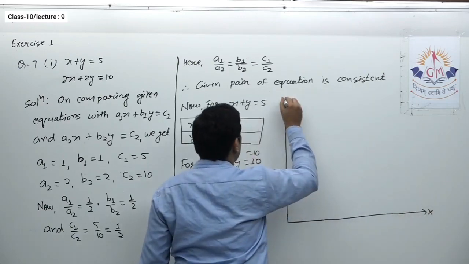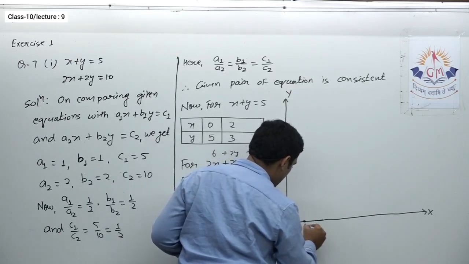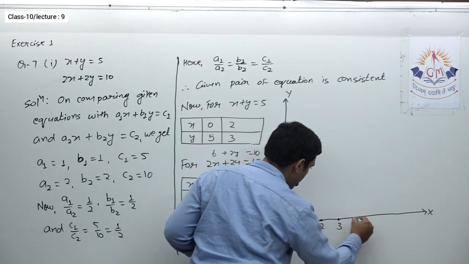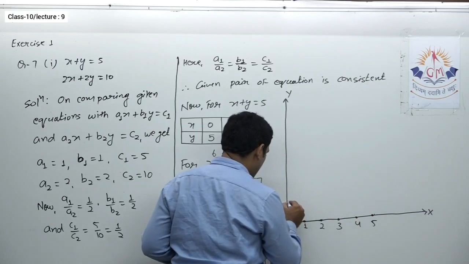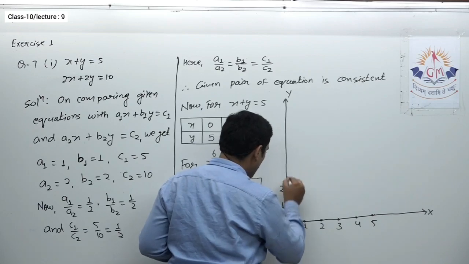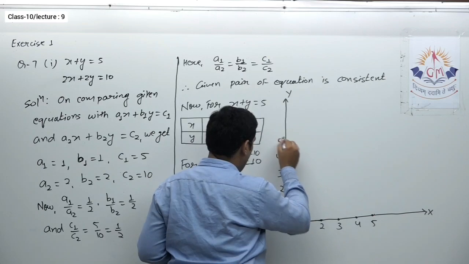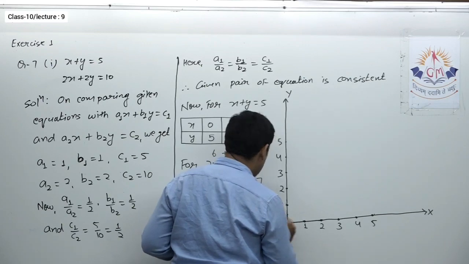This is the x-axis, this is the y-axis, so this is 1, 2, 3, 4 and this is 5. Over here I can take 1, 2, 3, 4 and 5. This is the origin, that is 0.